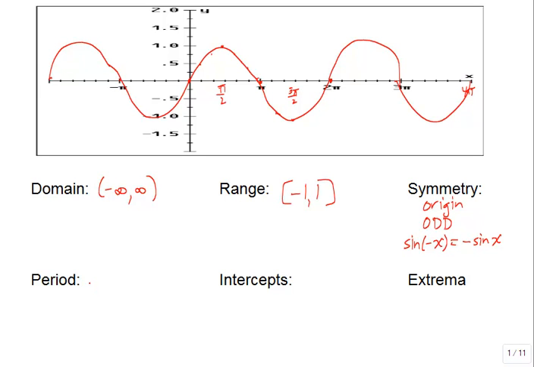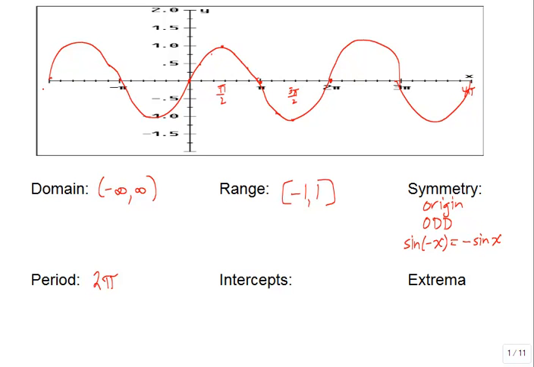What was the period of the sine curve? It was 2 pi because it completes one full cycle, goes through its max and its min in a length of 2 pi. Where does it have intercepts, x-intercepts? Where does it hit this x-axis? It hits it at 0, pi, 2 pi, 3 pi, 4 pi, -pi, and so on.